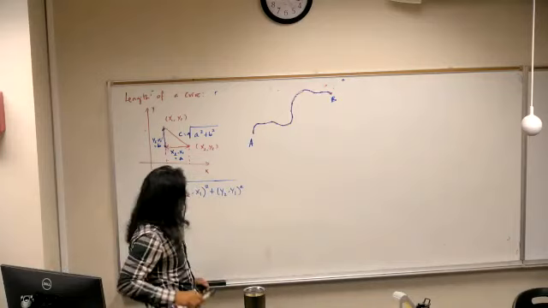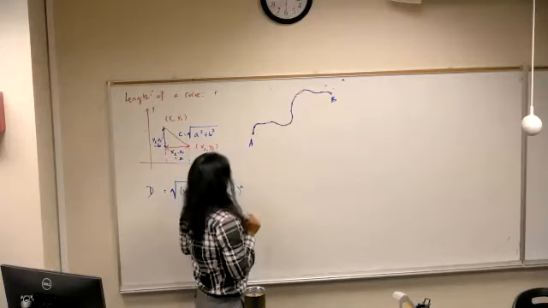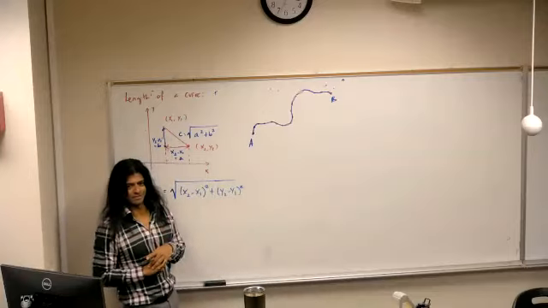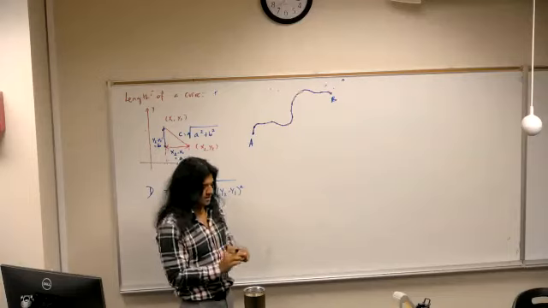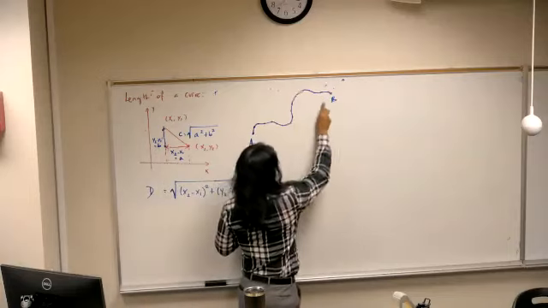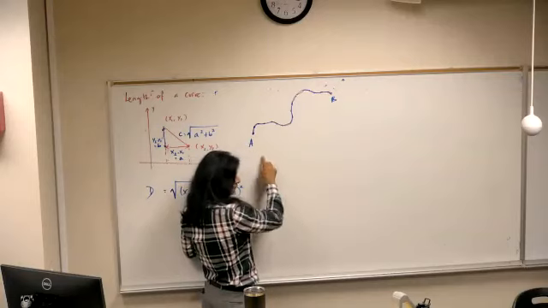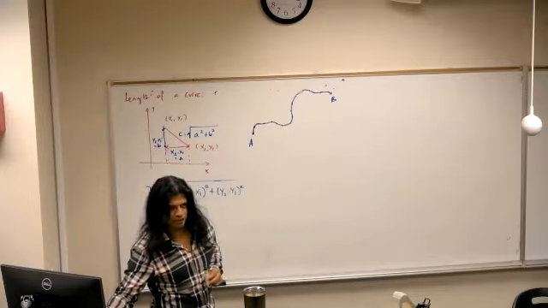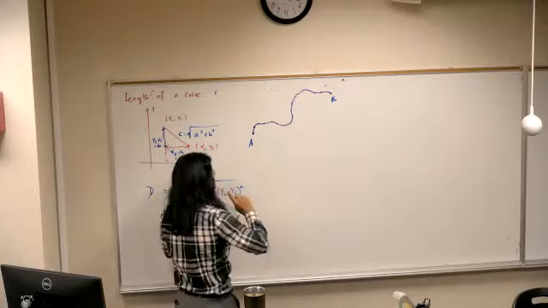But each point from there to there is just the distance for it. Do you agree? Okay. We have to integrate over infinitely many points. That's going back to Riemann sum. Riemann sum, limit n approaches infinity, you end up getting the area under the curve.